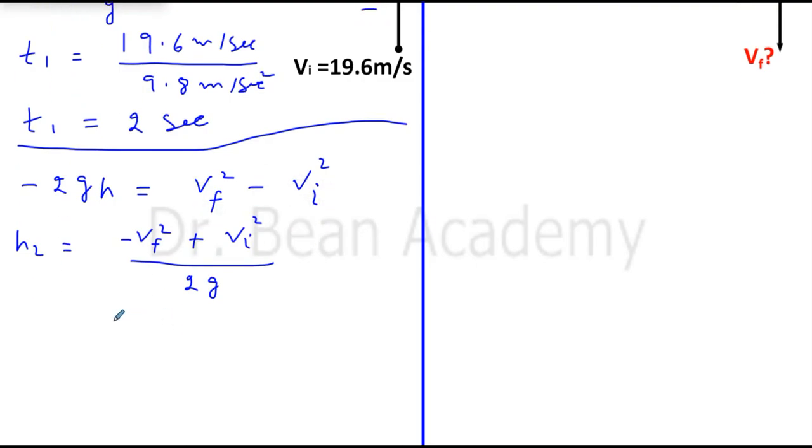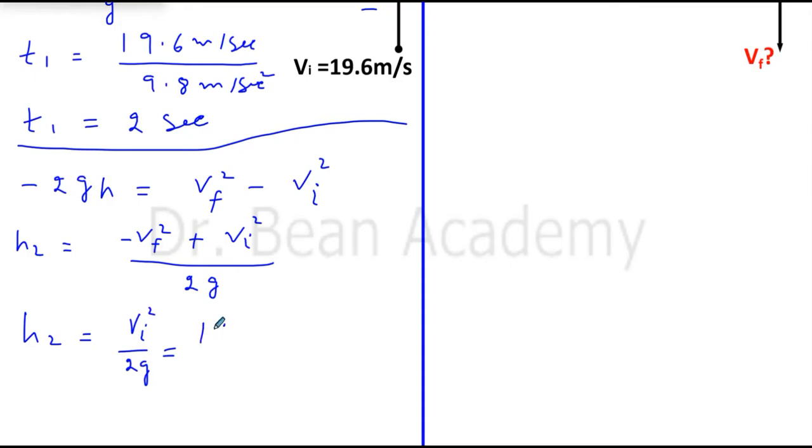So the next step is to calculate h2. I can make it simpler by eliminating Vf squared, because Vf is 0, so its square will also be 0. So it's Vi squared over 2g. And if I put in the values, Vi is 19.6 meters per second.